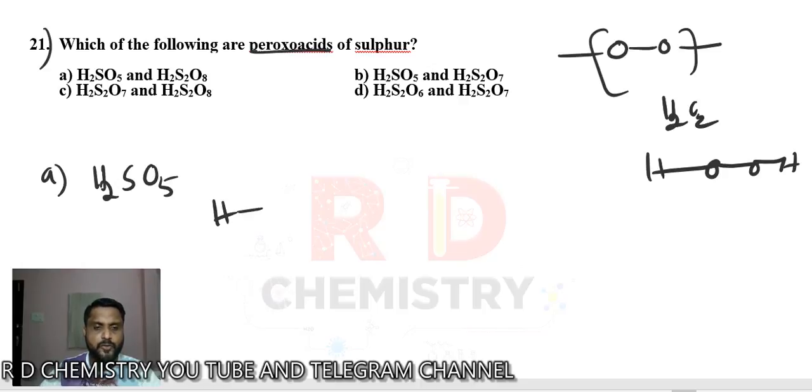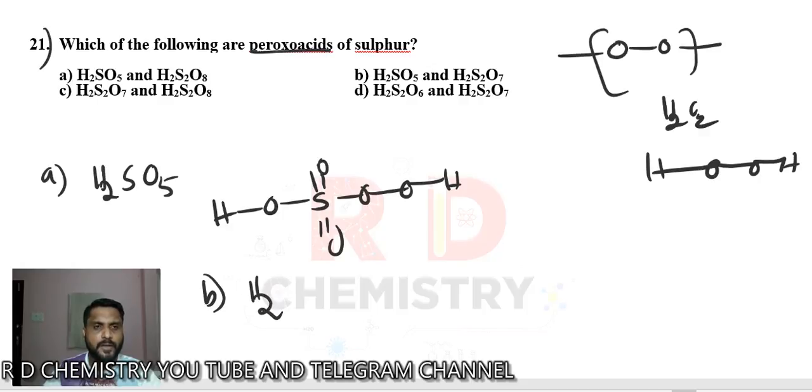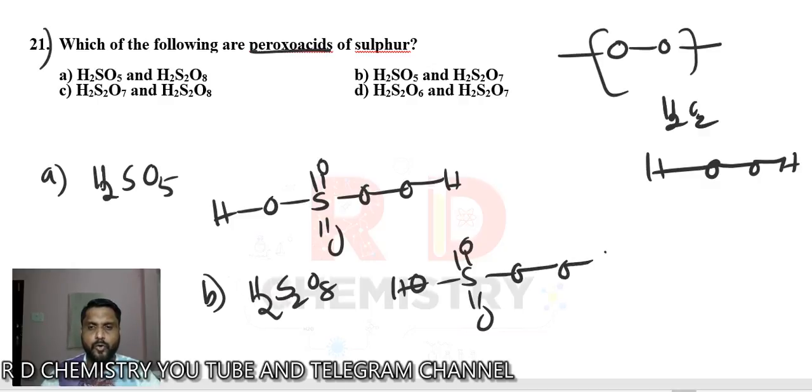The structure will be HO, S double bond O, double bond O, OOH. If I go for one more, H2S2O6 from the same option, this would be OH, S double bond O, S double bond O, S double bond O, and H. So the answer is option number A, right?